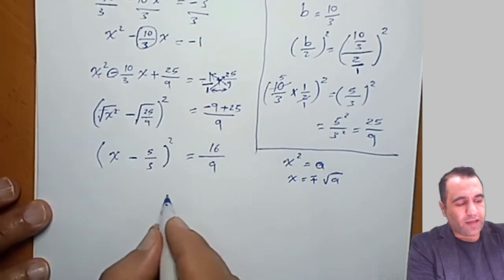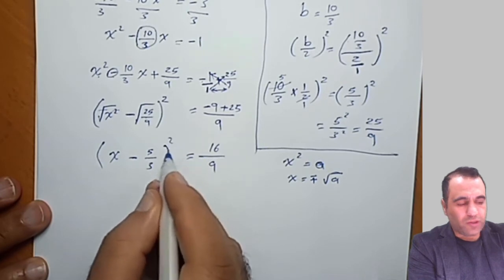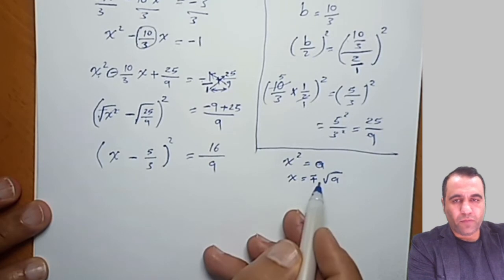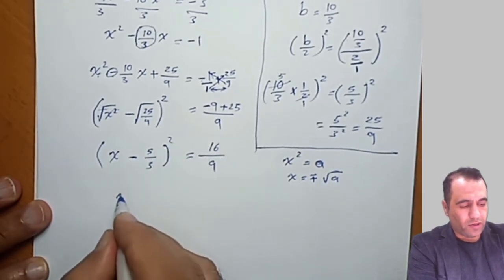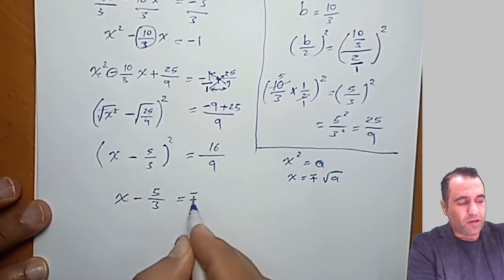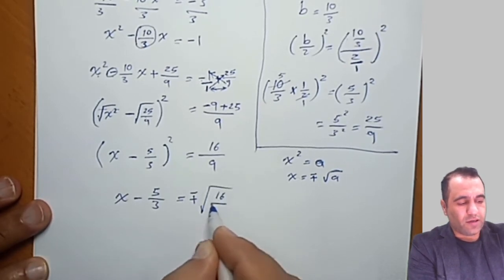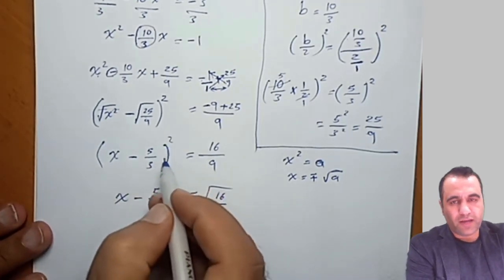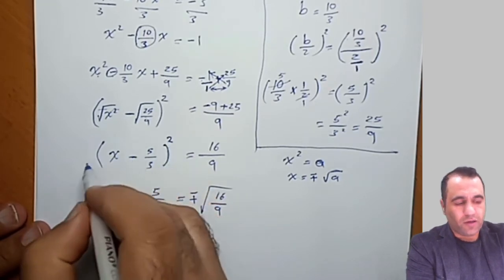We can remove the square and put the square root on this side. So remove the square, x minus 5 over 3 is equal to positive or negative square root of 16 over 9.